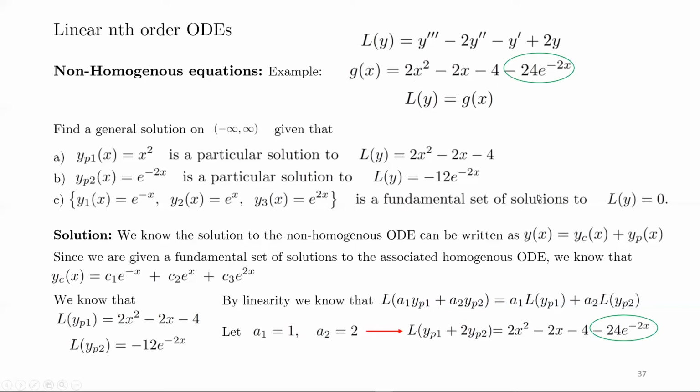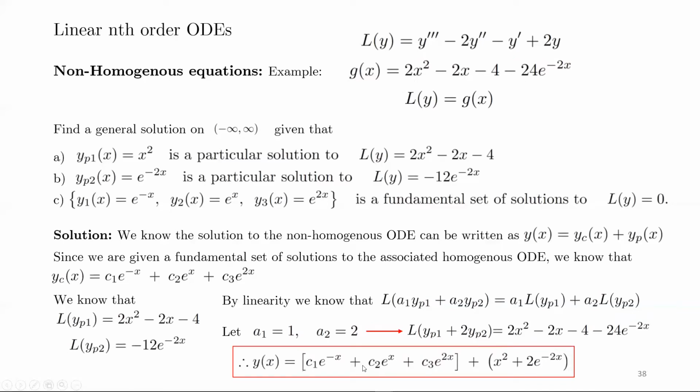So therefore I can write my general solution to the ODE as the complementary function yc with the arbitrary parameters c1, c2, and c3, plus x squared plus 2 times e to the negative 2x. Remember I multiplied L of yp2 by 2, a2 was 2, which is where this 2 comes from here.